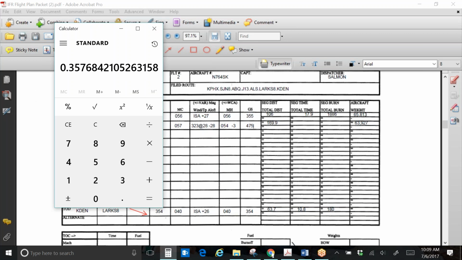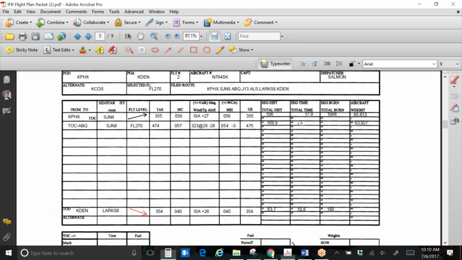Okay, so total time here is going to be 0.3577. So I need to convert that to minutes. So remember 0.3577, I'm going to take 60 minutes and times it by 0.3577. That's going to tell me it's 21.46 minutes. We will round that to 21.5. So 21.5 on the minutes.